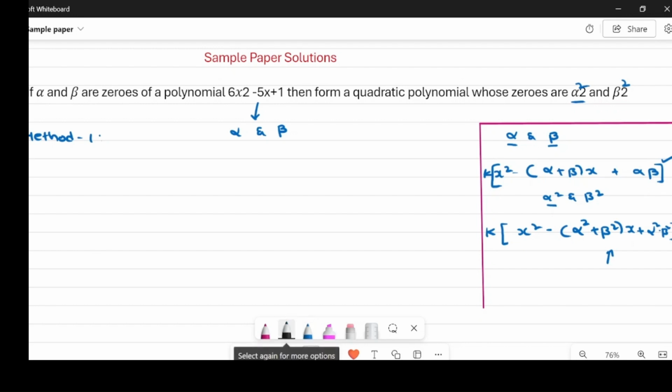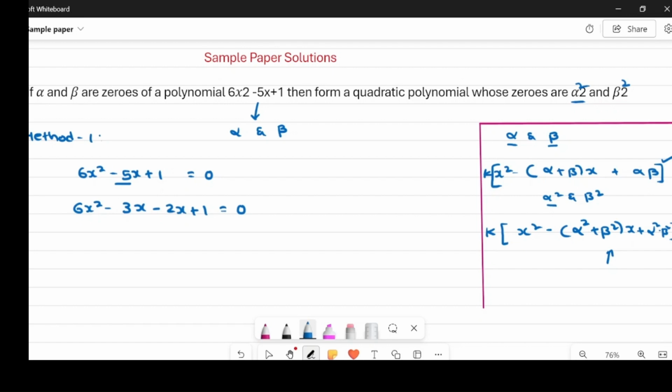Okay, so first factorize this. We are going to find the zeros, so equate this to 0. 6x square minus 5x plus 1 is equal to 0. So split the middle term. When you multiply, we need to get 6, and when we add, we need to get minus 5. So we can split as minus 3x minus 2x. 6x square minus 3x minus 2x plus 1 is equal to 0.